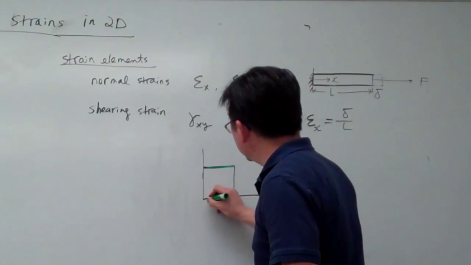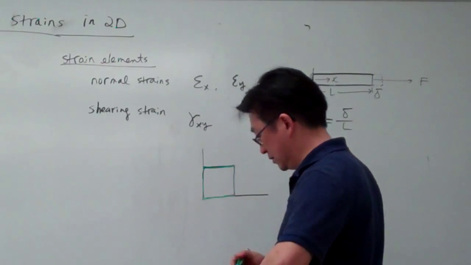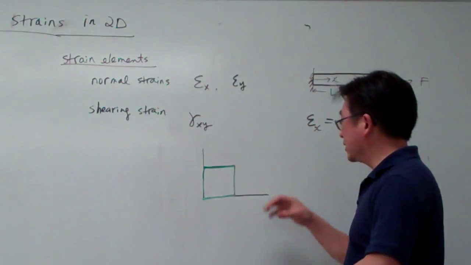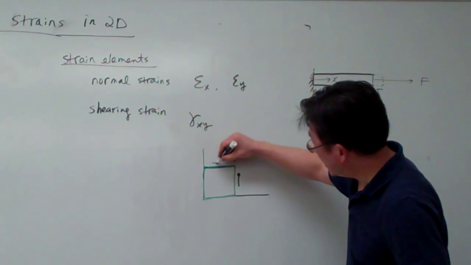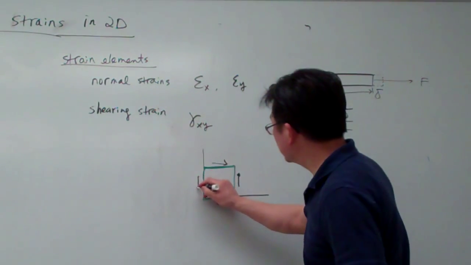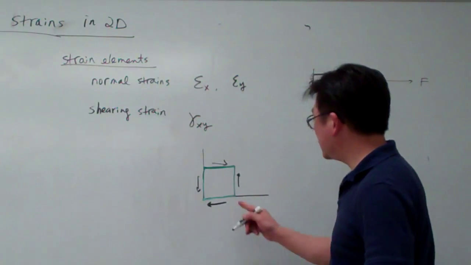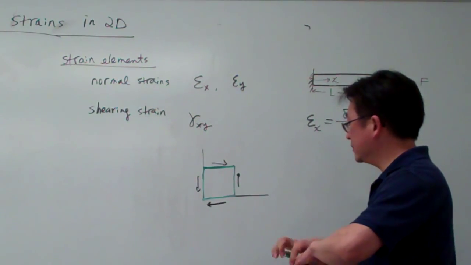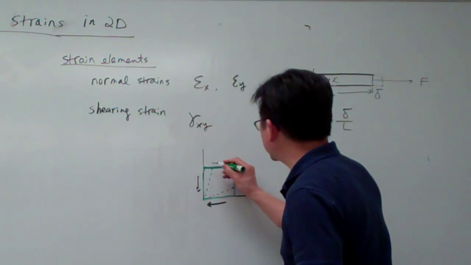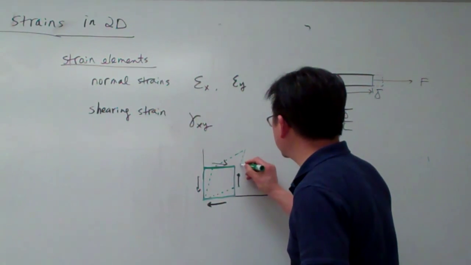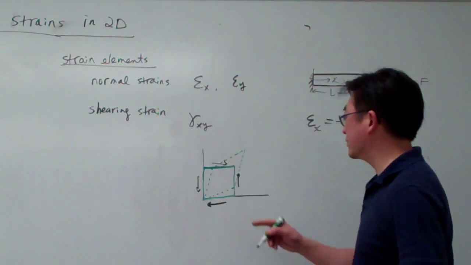If we apply shearing, for example, the shearing stress in this sense, the deformed shape becomes like this, schematically drawn, not so accurate, but that is the meaning.